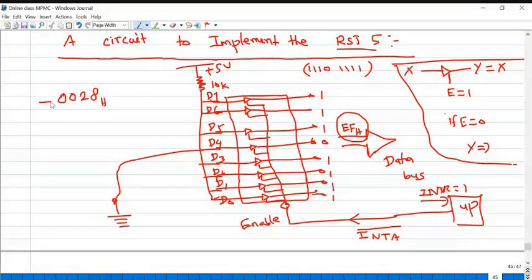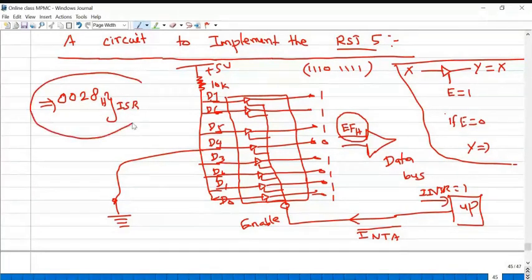The processor needs to save the next immediate instruction in the stack memory and start executing the interrupt service routine, which is available from the 0028 location onwards. So this is the way the restart instructions are executed internally in the microprocessor.